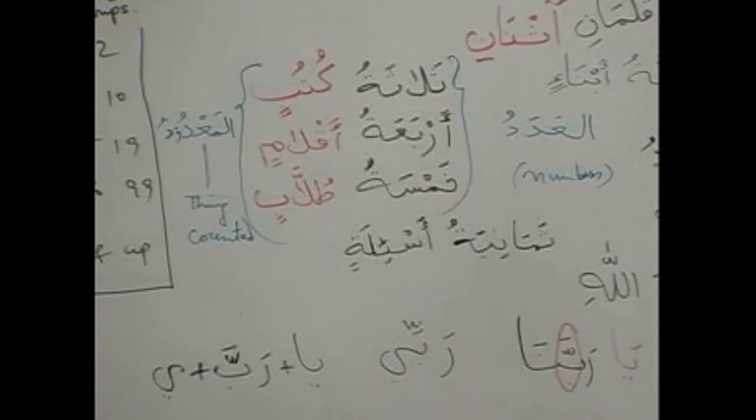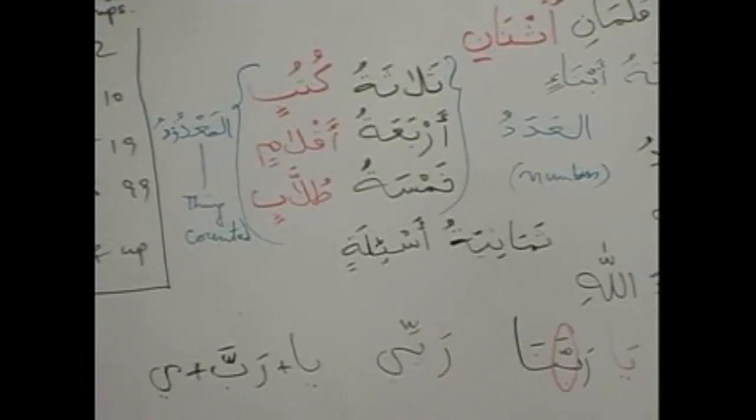Fine. Brother Saeed? Kam rakiban fil hafilati? Fiha tis'atu rukabin. First the number. Remember tis'atu, we cannot say tis'atun, because it is mudaf.